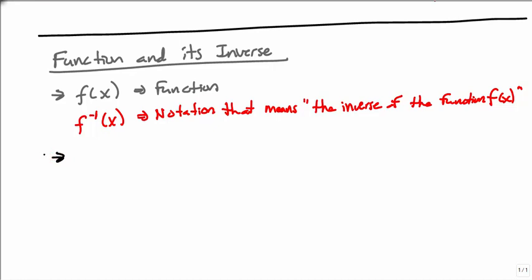If a function f has an inverse, basically there's no horizontal line that intersects the graph at more than one point. Such a function is called a one-to-one function. So if a function has an inverse, it is called one-to-one.